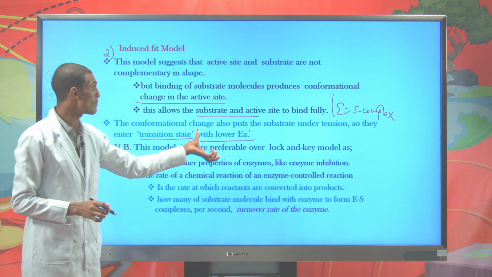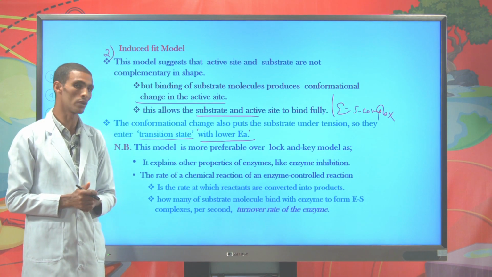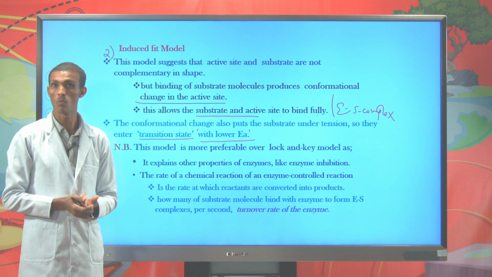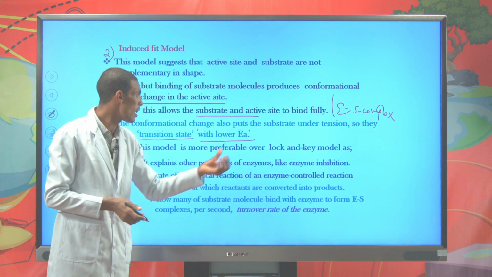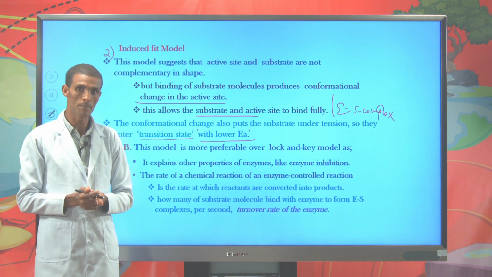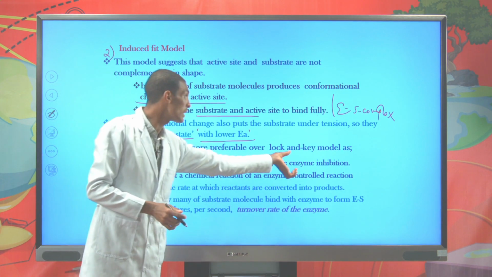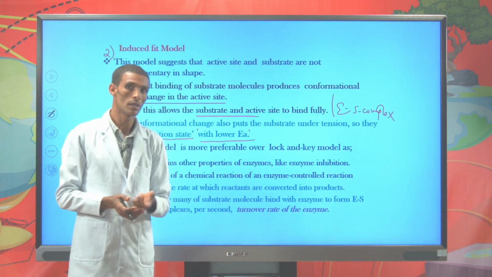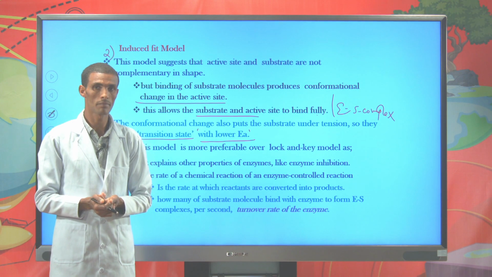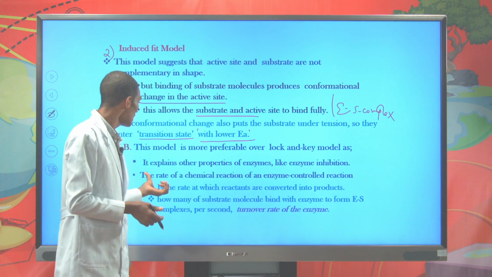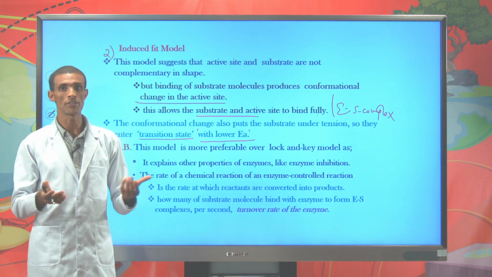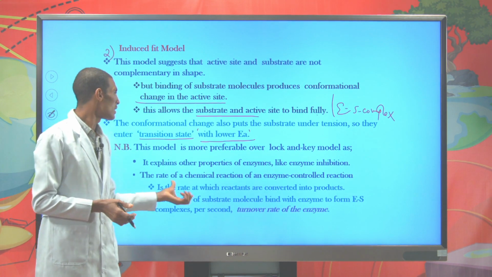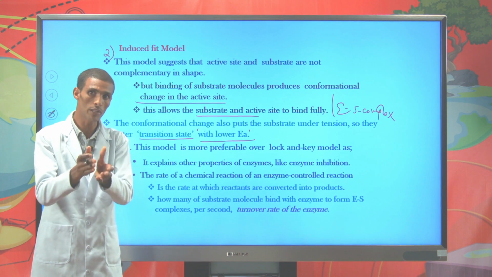This model is preferable over the lock and key model for the following reasons. One, it is able to explain another property of enzymes, like enzymes can be inhibited by another factor. Another, it can help us understand enzyme controlled reactions, the rate at which reactant is converted to product.